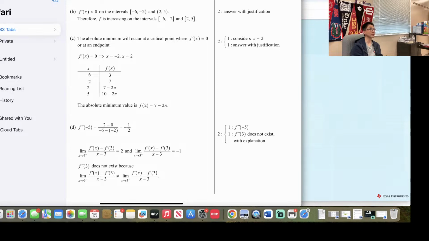Yes. For D, when we have to justify it, can we just say that it's not differentiable at that point, or would we have to use that? We have to use the definition of derivative. I personally will use my answer as long as your address from the left is 2, from the right is -1. That should be enough. If you provide evidence, you cannot say just that it is not differentiable.